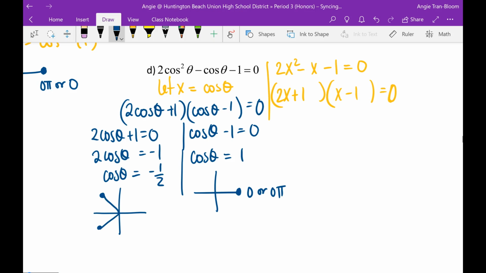Cosine of 2 pi over 3 is a negative 1/2. Agree? Disagree? We're still thinking? Agree. Don't you have your plate still? Bust it out. Confirm.